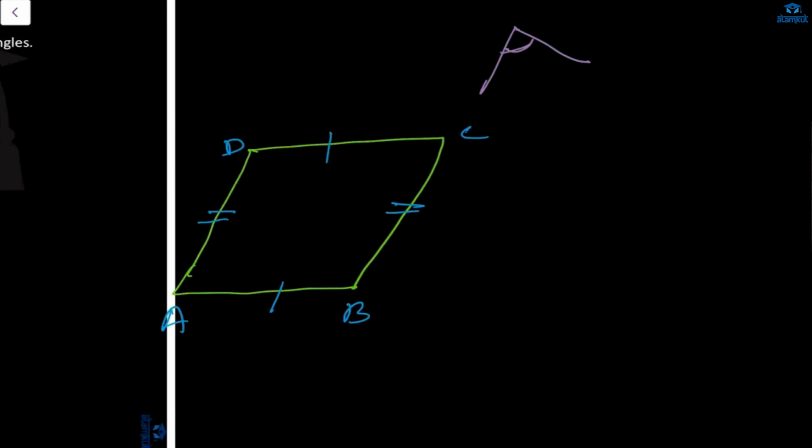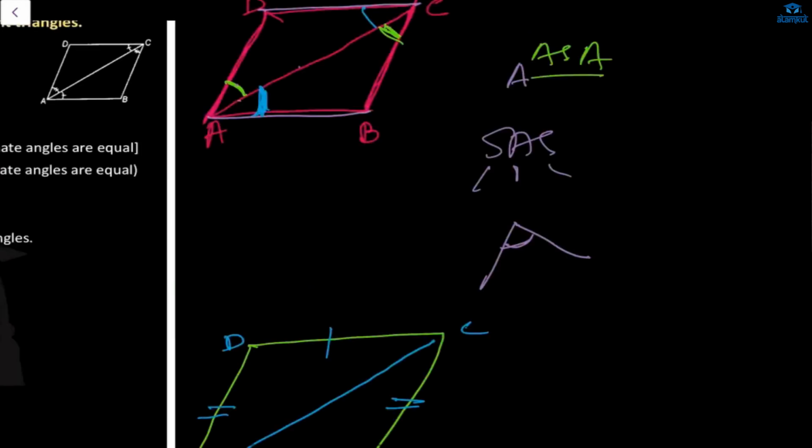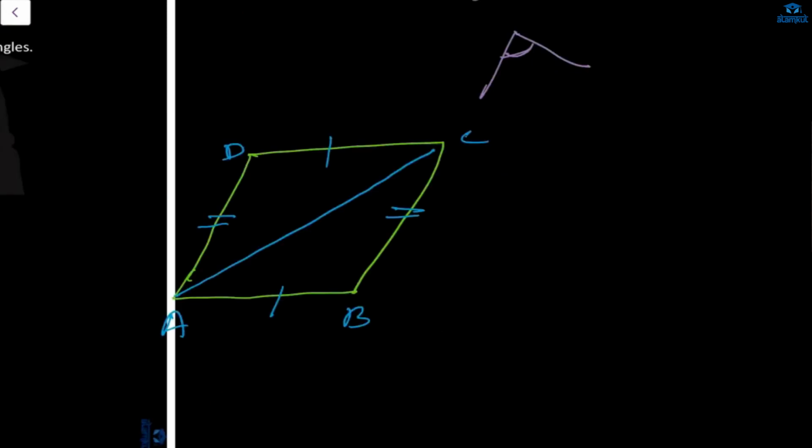Now here again, we are going to do some construction work. That is, we are going to join AD. Okay, so if we are joining AD, we already know that the triangles are congruent from the first theorem. That first theorem says what? That in a parallelogram, the diagonal divides the parallelogram into two congruent triangles.